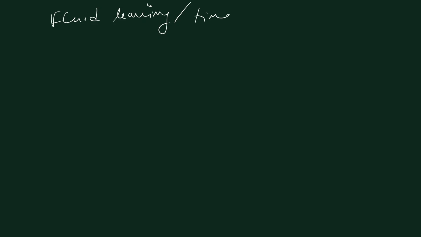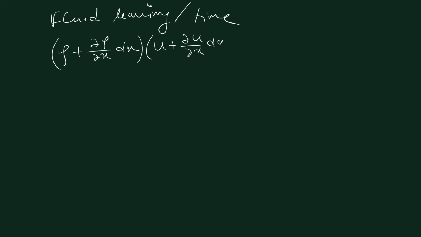rho plus del rho by del x into dx, into u plus del u by del x into dx. So that is the new density multiplied by new velocity multiplied by the cross-sectional area, which is dy dz.